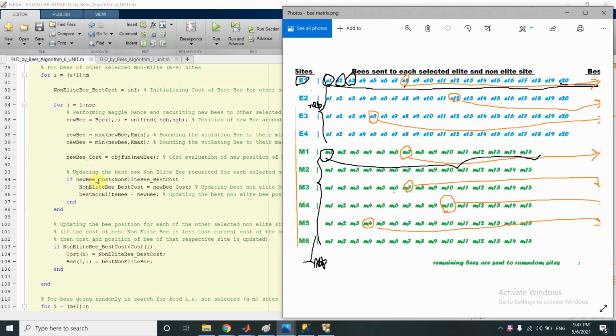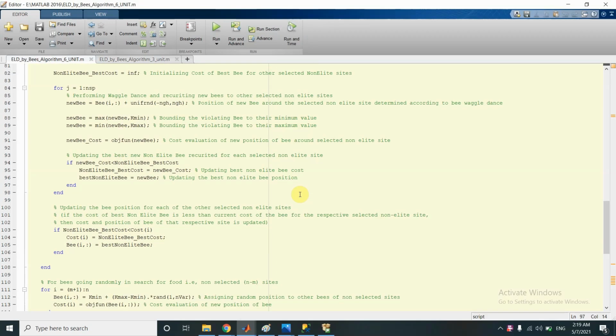Then we compare the cost of each of these new Bs that are going around the selected non-elite sites, and if the cost value is found to be better, then we update the non-elite B best cost variable, just like we did for the elite site Bs.